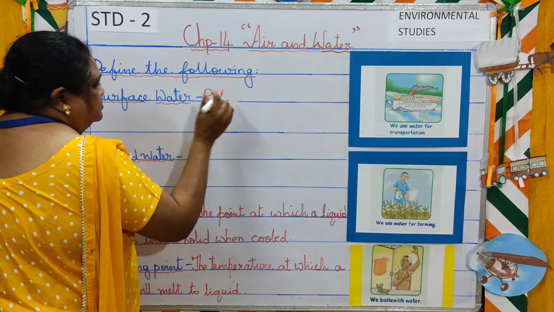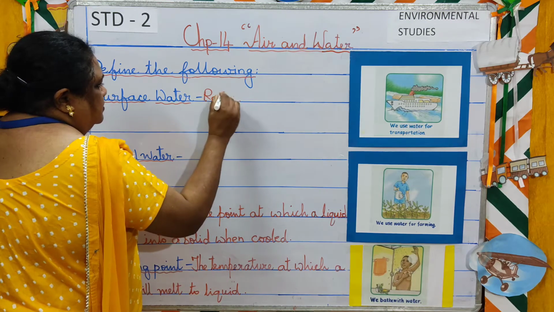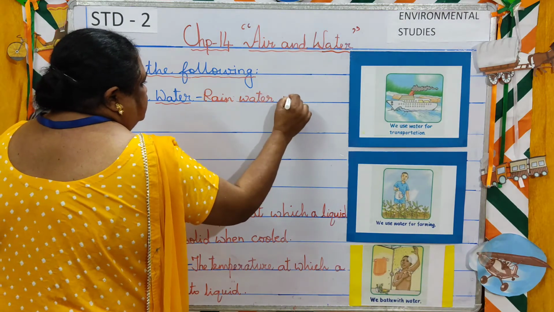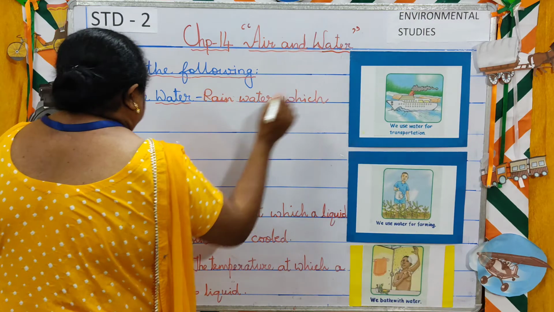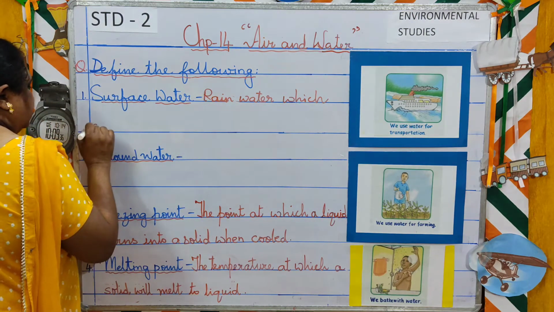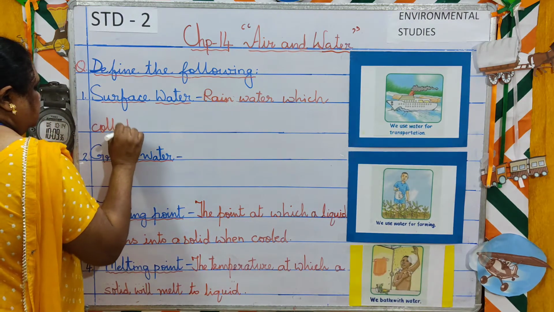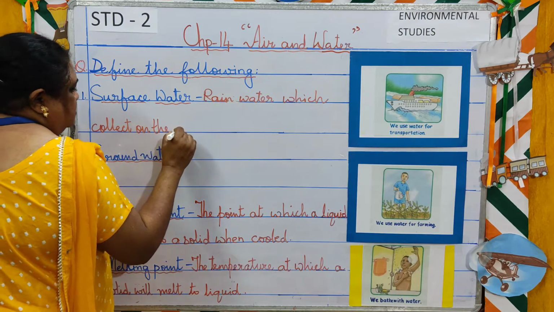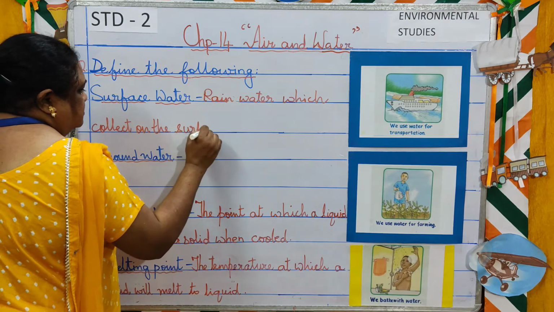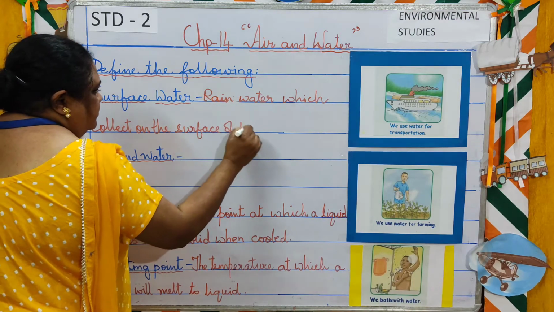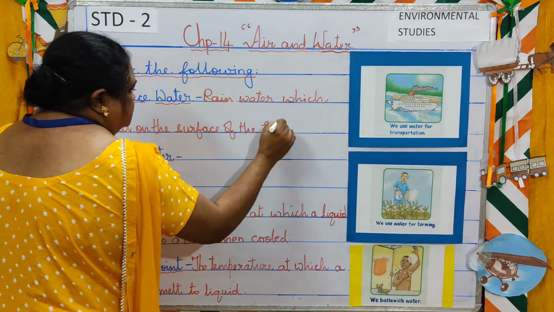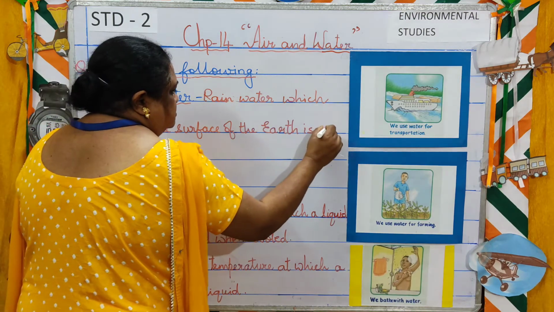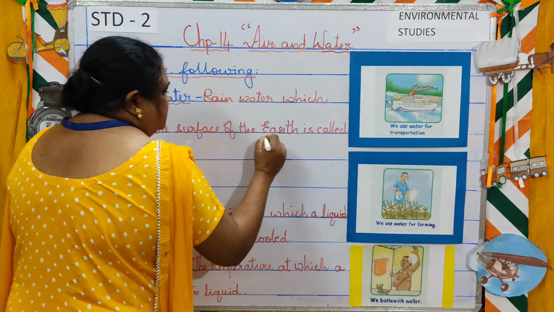Rainwater which collects on the surface of the earth is called surface water.